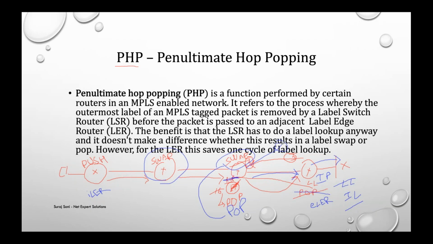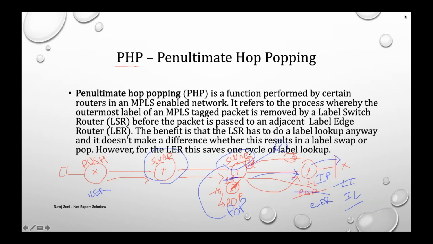So it is actually based on the destination, who is the second last router for that destination, that will do the pop operation, so that my egress LER will not have to do two lookups, it will do only the IP lookup.